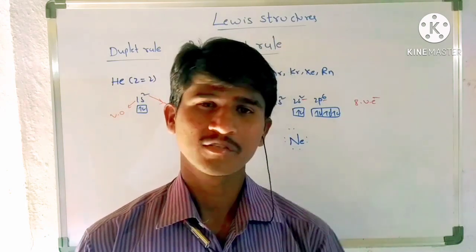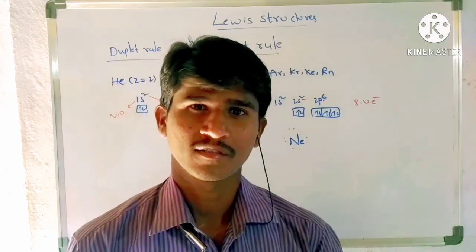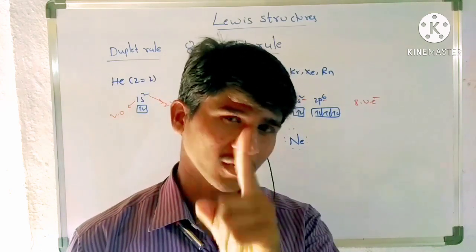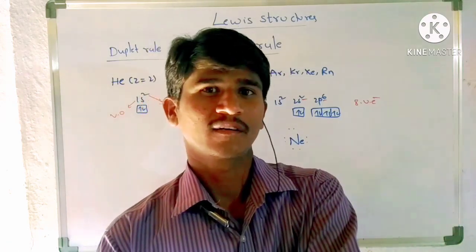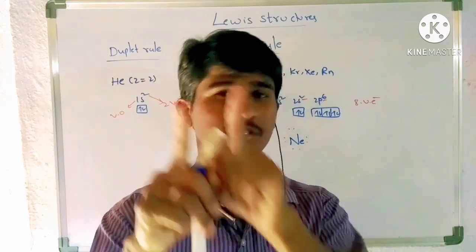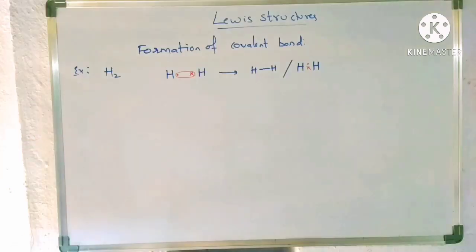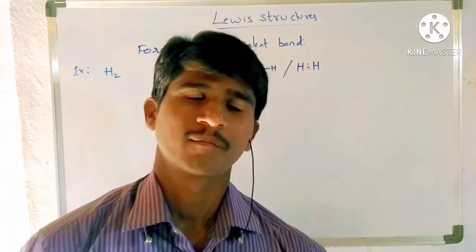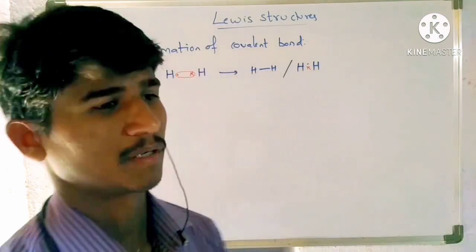Now how is a covalent bond formed? Instead of losing or gaining electrons to get stability, there is one more choice, that is sharing. When an atom gives an electron and another atom also gives an electron, these 2 electrons are shared, and it is the formation of the bond. Let us understand the covalent bond by taking a simple molecule, the hydrogen molecule H2, as an example.